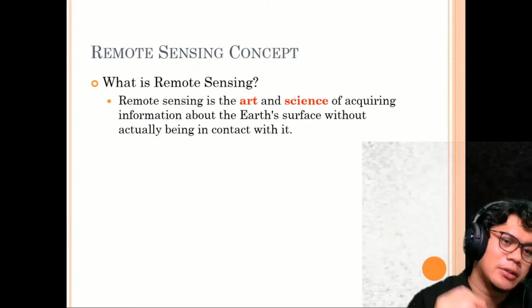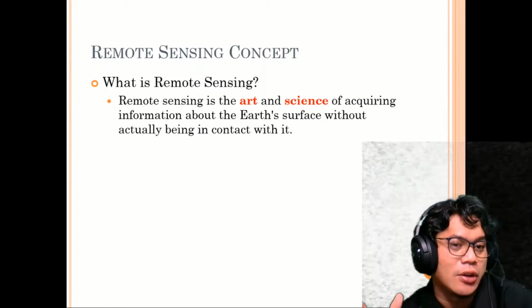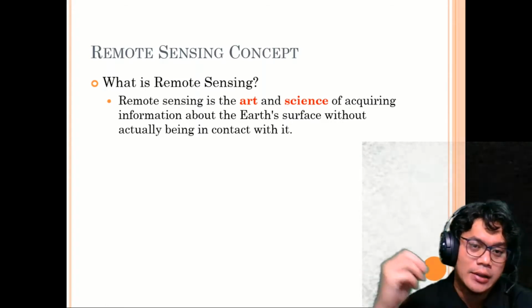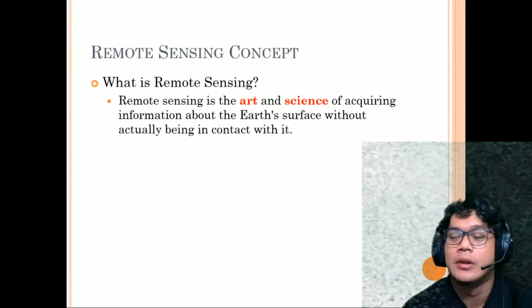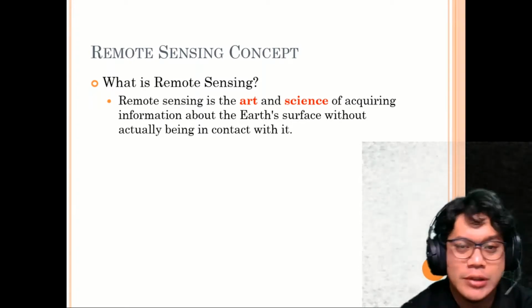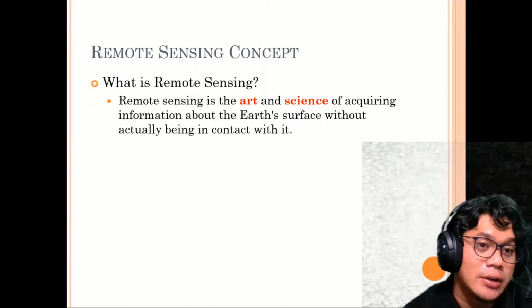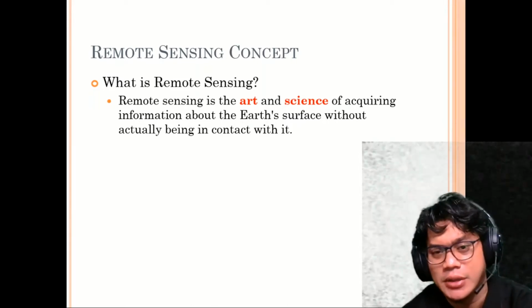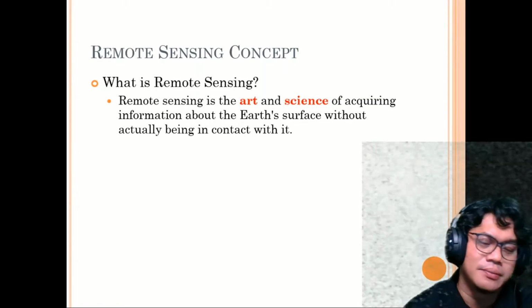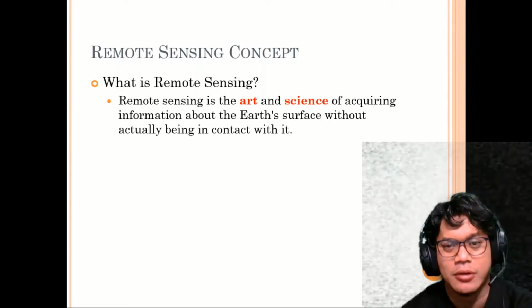We try to capture it from a remote distance from the surface, using the system that we have. So how does it go to the art? Because in remote sensing, we are dealing with images like satellite images, radar systems, LiDAR, aerial photography, and many more.